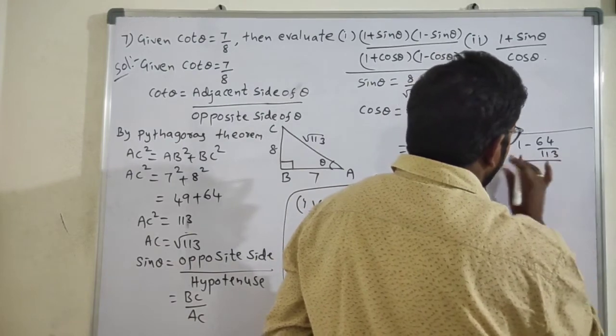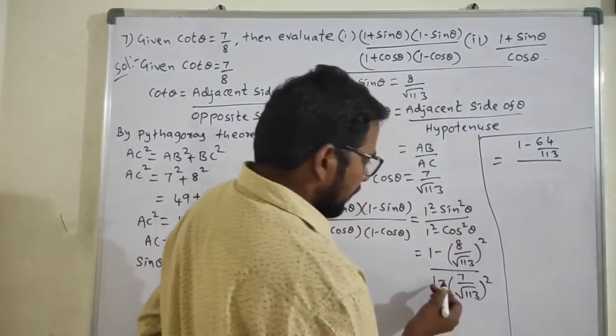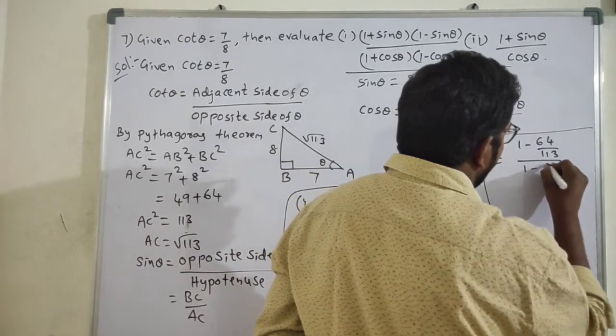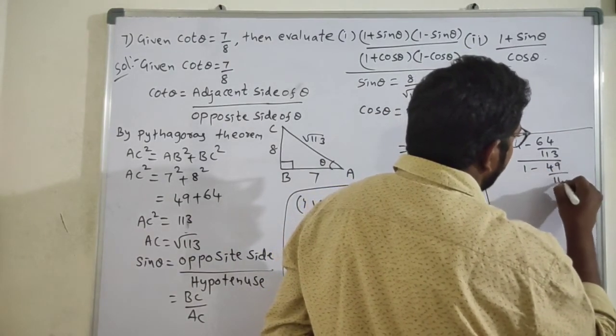By 1 minus 7 square, that is 49, 1 minus 49, and the square root cancels, 113 comes.